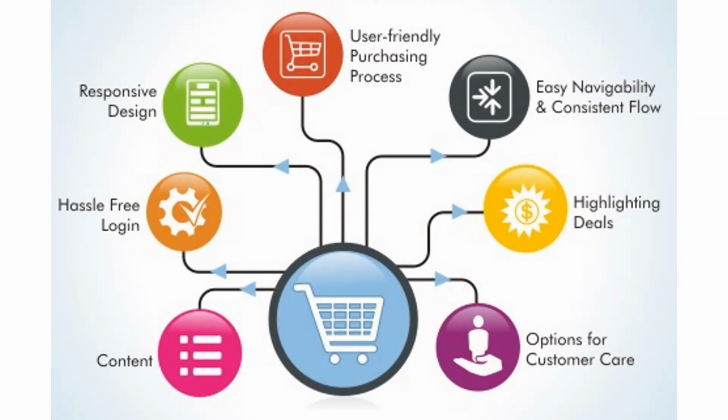Also, it should be interactive. Customers should be able to ask any question regarding the products. There are some facilities that should be available, like chat or email feedback. Those facilities should be with your e-commerce website. Then only customers can interact with the e-commerce merchants. Right. If they have a problem regarding the product, they can immediately contact the sellers and ask about that problem.